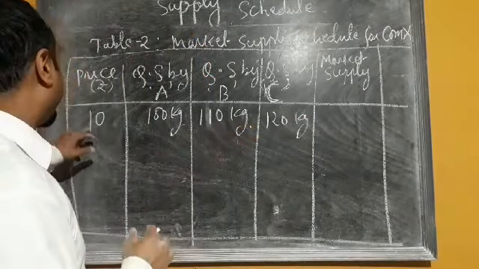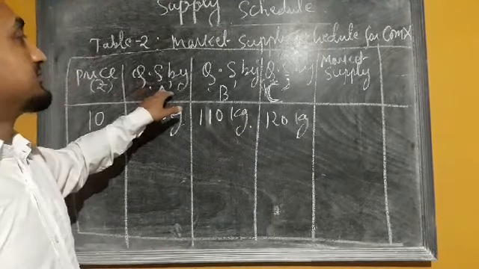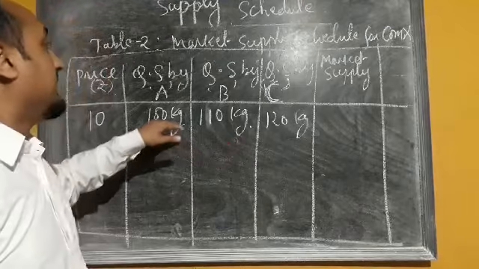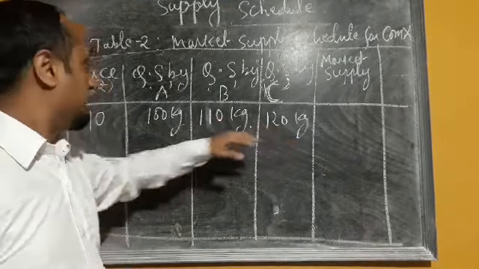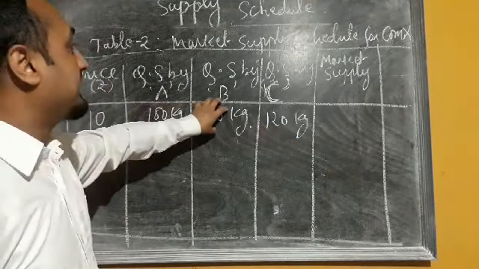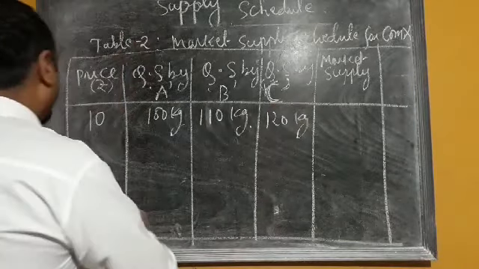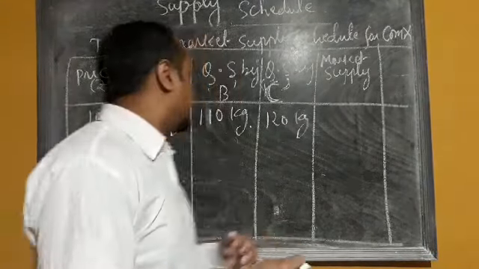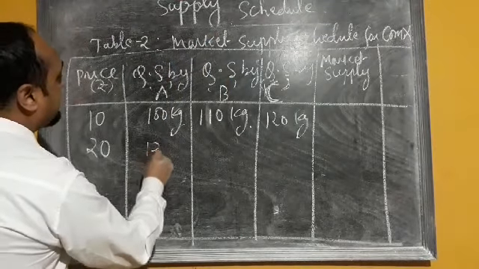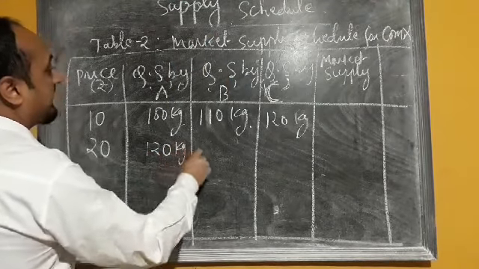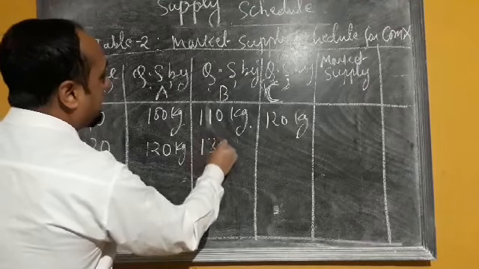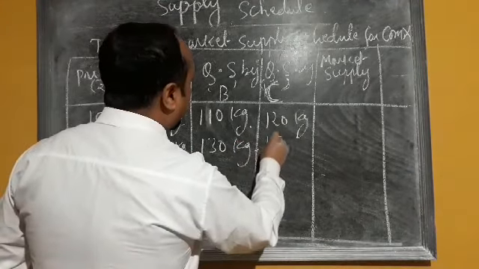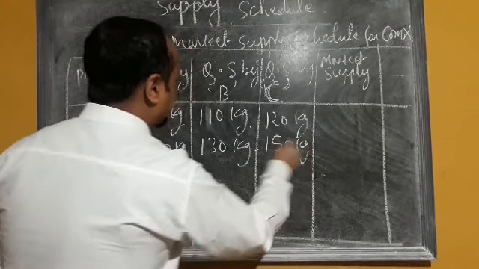So we can see that at rupees 10 the different producers, A, B and C, are supplying different quantities of the commodity: 100 kg, 110 kg, 120 kg. Similarly at rupees 20, suppose producer A is supplying 120 kg, producer B 130 kg, and producer C 150 kg.